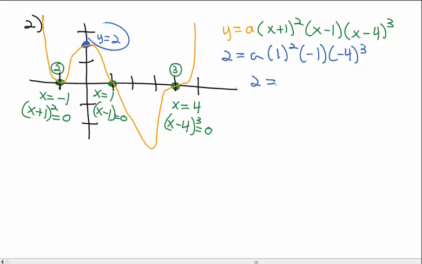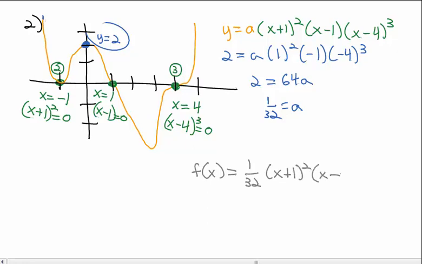So 2 equals, 1 squared is 1, negative 4 cubed is negative 64, times negative 1 is positive 64a. Divide both sides by 64, and a is 1 over 32. So our final function, this graph that we have drawn in front of us here, is 1 over 32 times x plus 1 squared times x minus 1 times x minus 4 cubed.